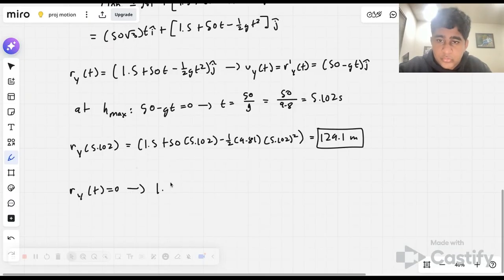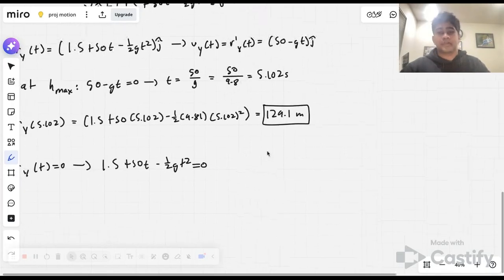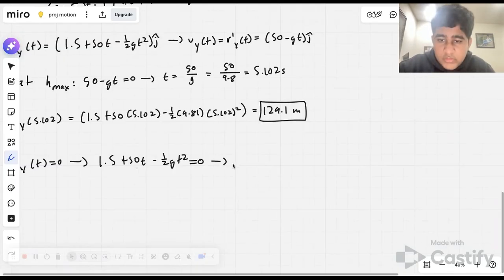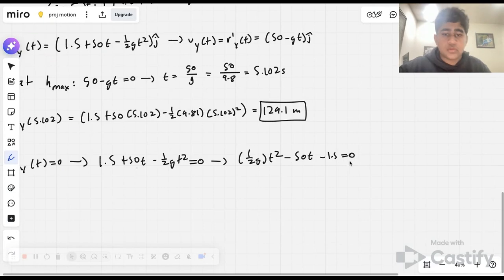We get 1.5 plus 50t minus half g t squared is equal to 0. So then what do we get? We get half g t squared minus 50t, by bringing this there, minus 1.5 equals 0.